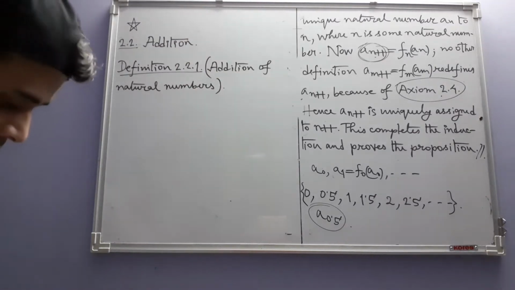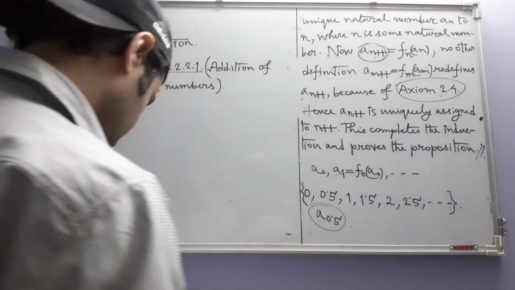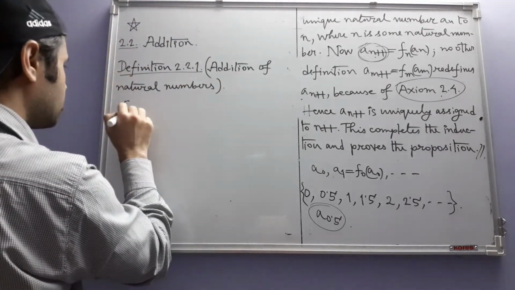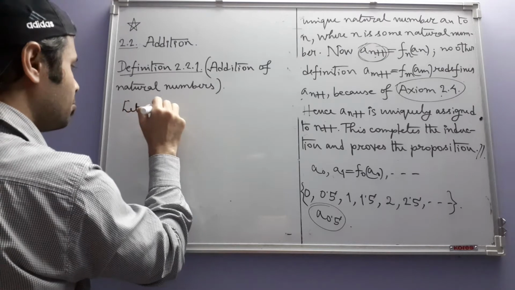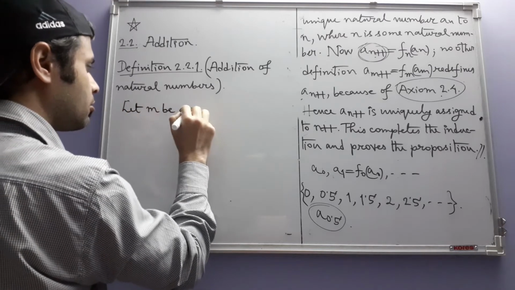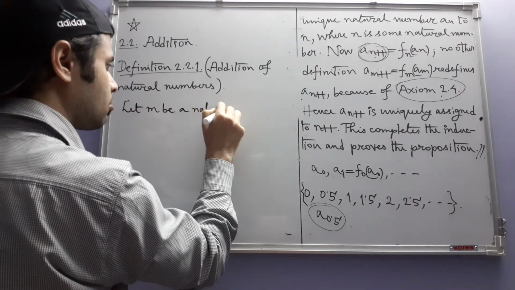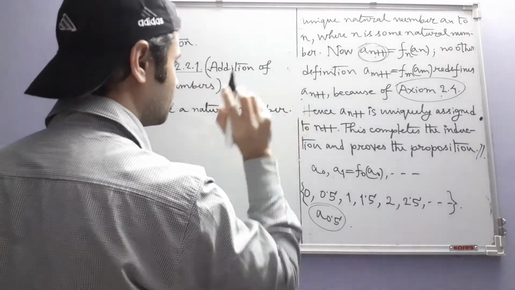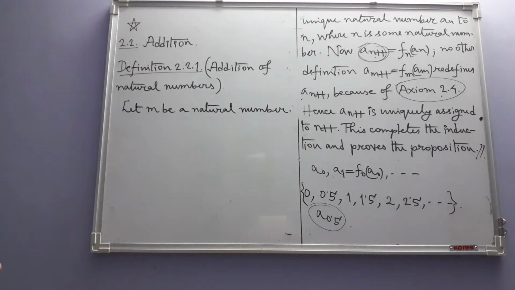So what it says, let M be a natural number. M is any natural number.